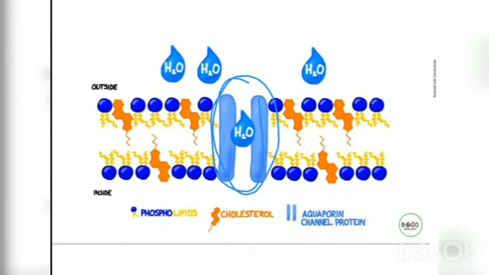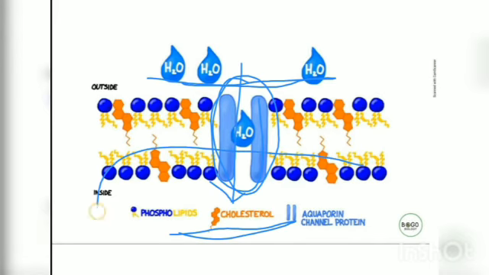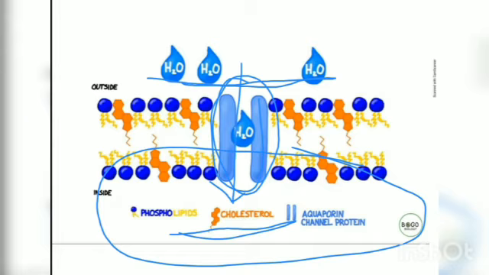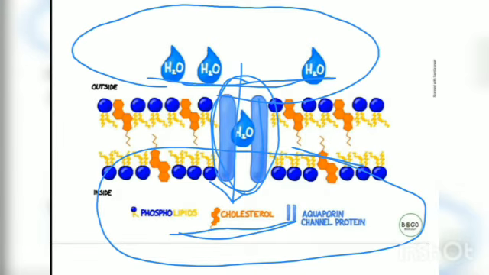The water molecule can transport from its higher concentration region to the lower concentration region through the aquaporin protein, which is present in the cell membrane. And it will occur when there is more water outside the cell compared to the water content inside the cell.